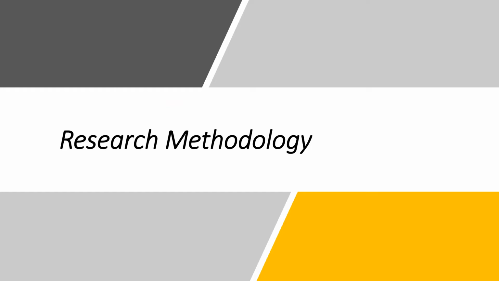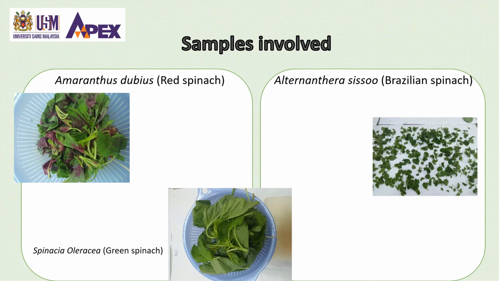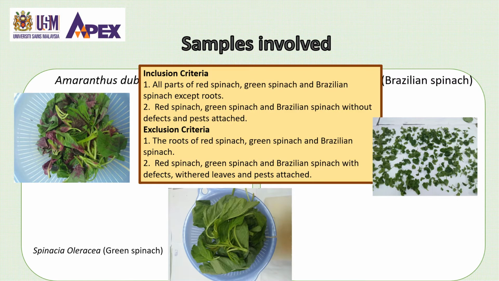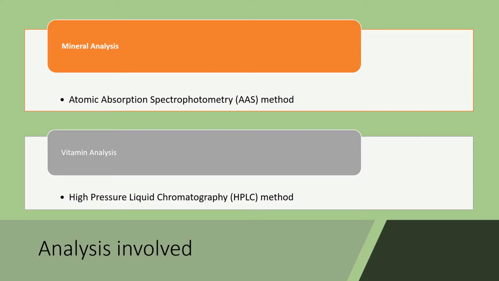Next is the research methodology. There are 3 types of samples involved in this study, which are red spinach, green spinach, and Brazilian spinach. These are the study criteria for this research. This is the analysis involved in this study.